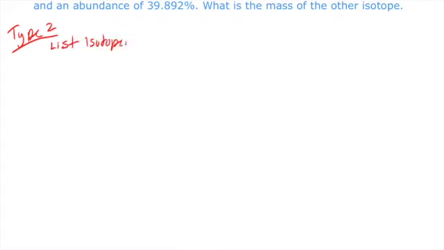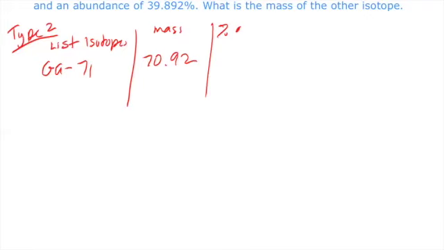So we said that when you do an average atomic mass problem, you list the isotopes using the hyphen notation. We started out putting the symbol and dash the isotope. So this problem is saying that gallium has two isotopes, gallium 71 with a specific mass of 70.92 AMUs and a percent abundance of 39.892%.